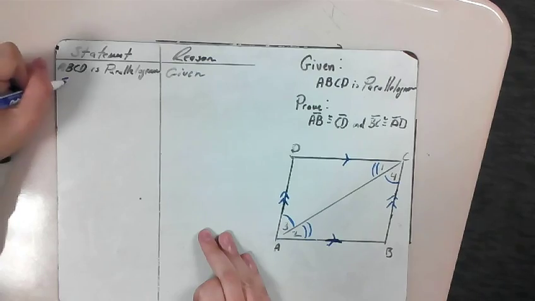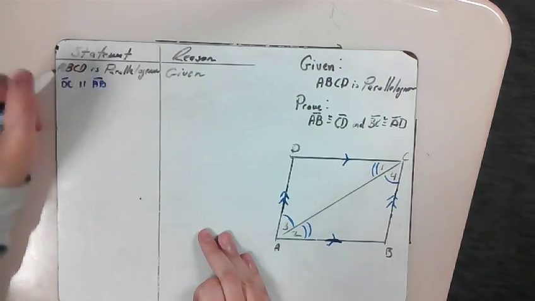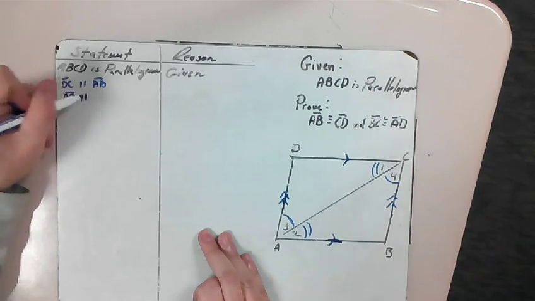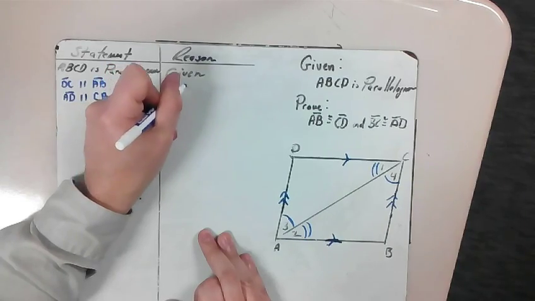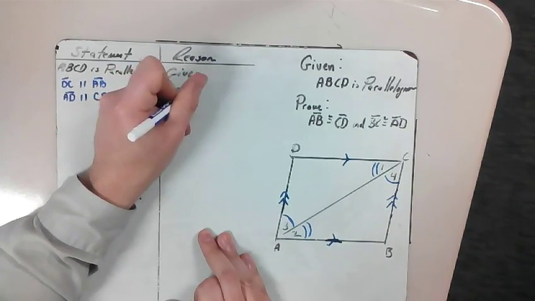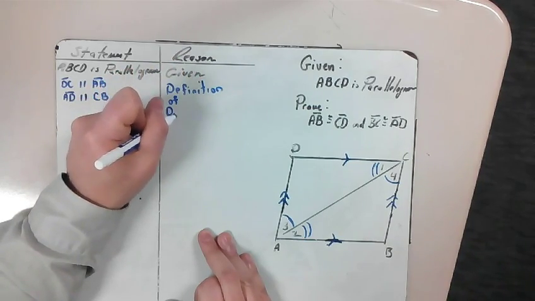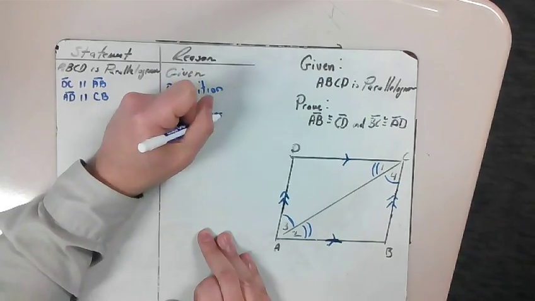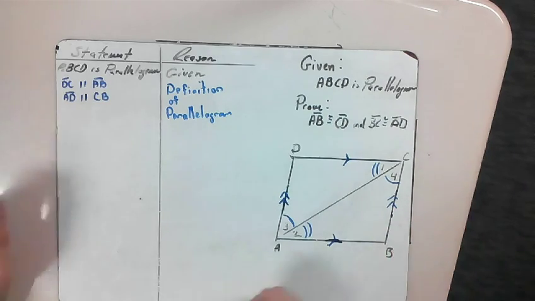I'm going to say that DC is parallel to AB, and AD is parallel to CB, and that's because of the definition of parallelograms. If you want to write that ABCD is a parallelogram, that works too.